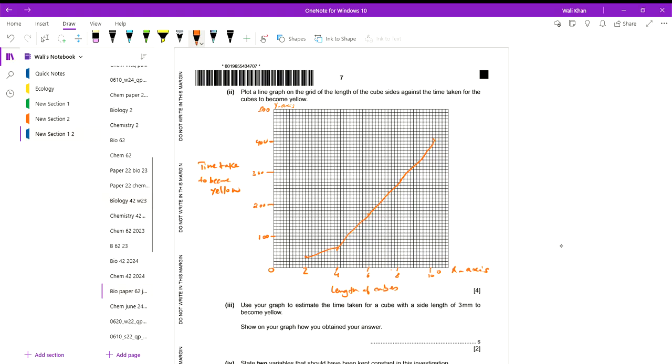Show on your graph how you obtain your answer. Use your graph to estimate the time taken for a cube with a side length of 3 mm to become yellow. So 3 mm is somewhat here. 1, 2, 3.